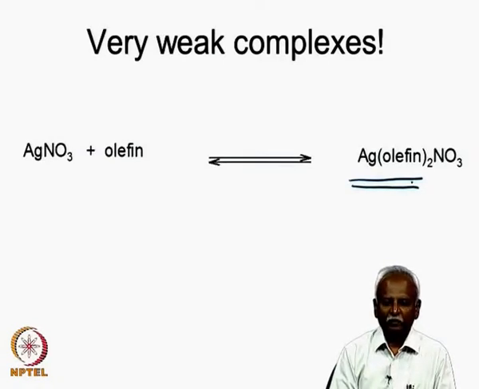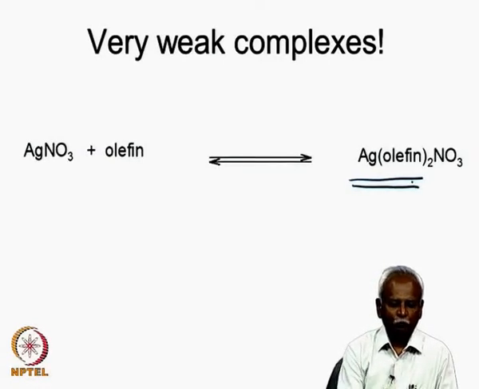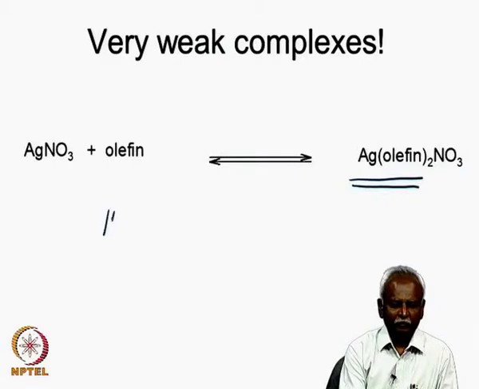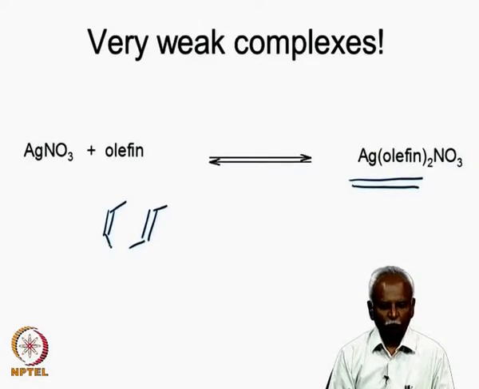So, in other words, the stability constants of two different olefins differ. If you have the cis and the trans isomers of 2-butene, they can be very easily separated utilizing this trick, because the stability of the trans butene complex is less than that of the cis butene complex.